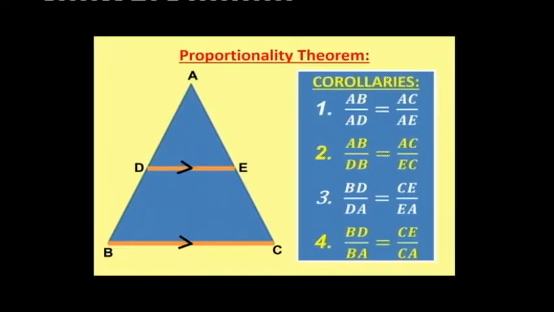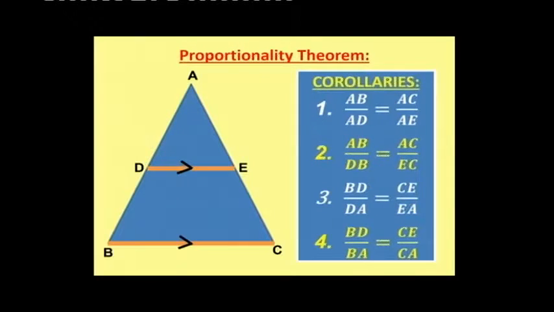Number 3, it says BD over DA. You see how we work from the bottom? Bottom over top equals the side. What is the bottom? CE or EC. What is the top? It should be DB, that is EC. Right? So AB, the whole one over the bottom DB, whole one AC, the bottom is EC.